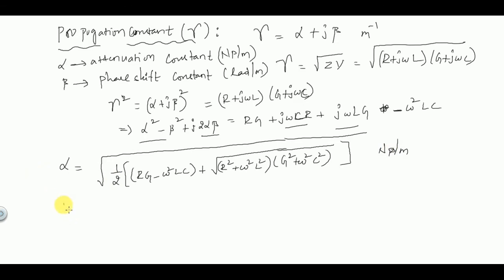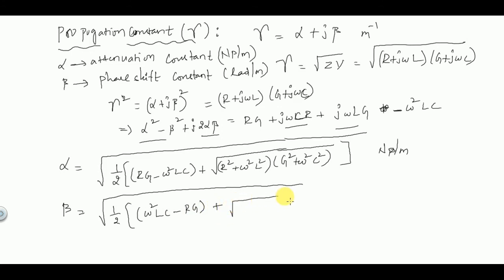Similarly, we get the value of beta as under root of 1 by 2 into (omega square LC minus RG plus root of (R square plus omega square L square) into (G square plus omega square C square)).